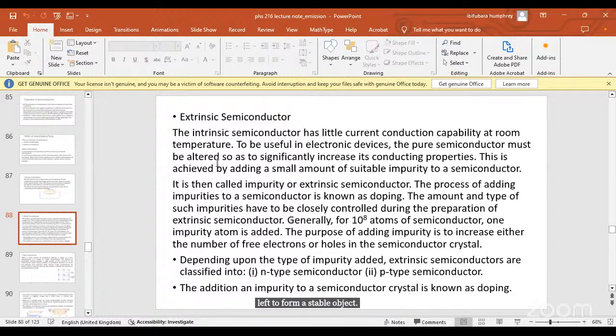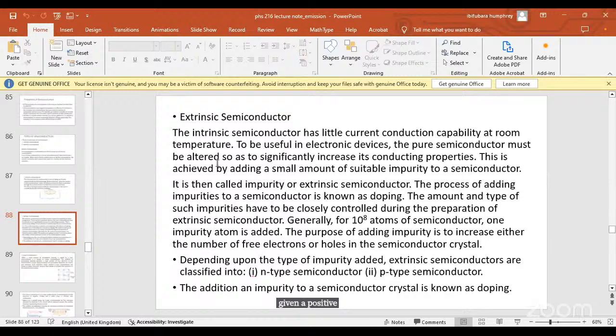That space is what is referred to as an extra hole. So this kind of semiconductor is referred to as a p-type semiconductor, because holes are given a positive sign.